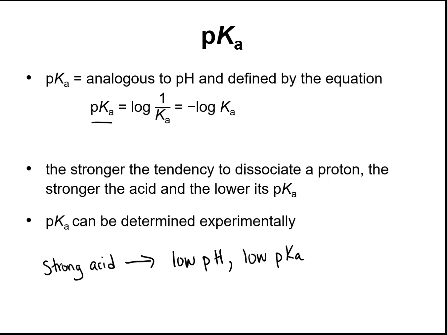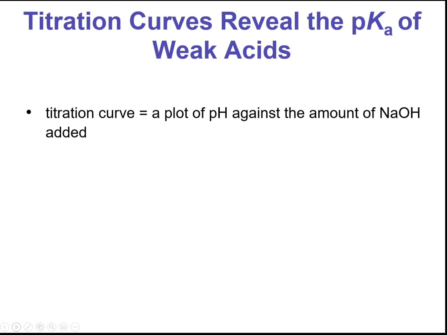You can determine the pKa experimentally, and we'll talk about that now. The way you do that is by creating a titration curve, and that's a plot of the pH of your solution against the amount of sodium hydroxide added, which is a strong base.